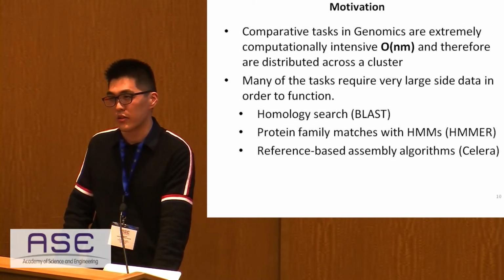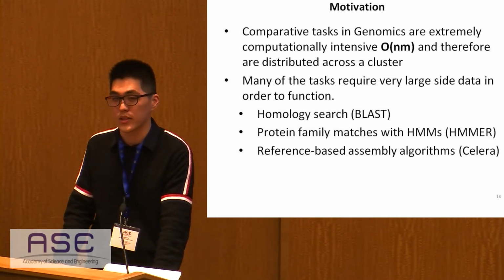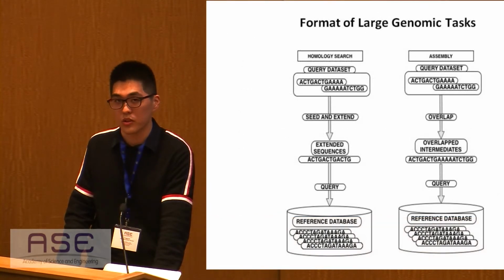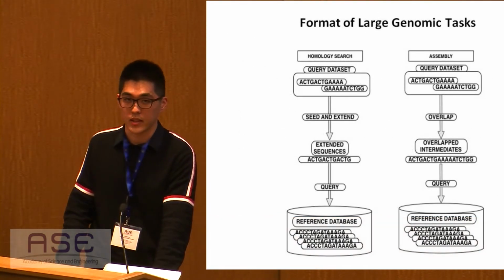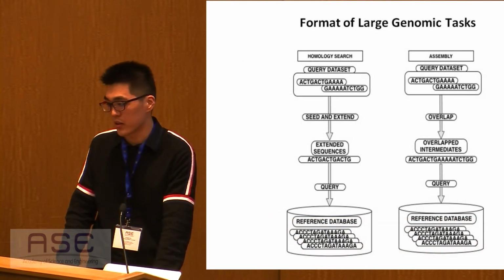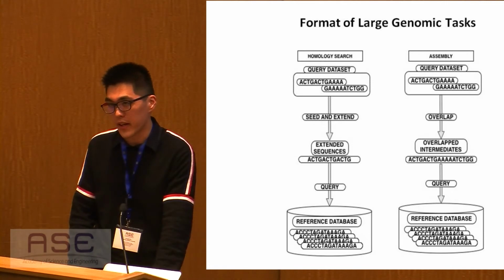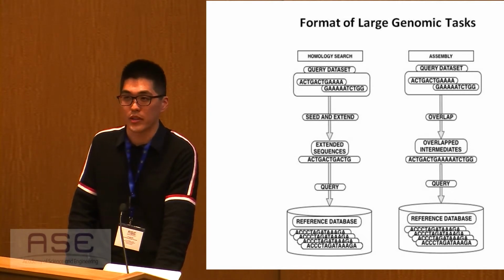So what will happen is the query data would be processed into some sort of intermediate form by an algorithm. So in homology search, it'll be processed by the seed and extend algorithm, and in assembly, it'll be processed by the overlap layout consensus algorithm, or through the de Bruijn graph transformation. And then that intermediate byproduct is then constantly referenced against a very large database in order to find the best possible match to identify it.